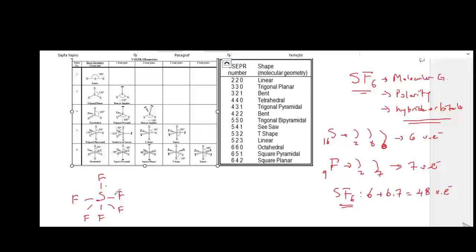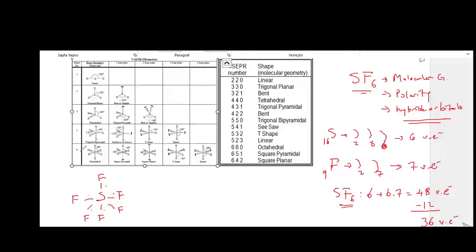That's why 2, 4, 6, 8, 10, and 12. Yes, 12. We have consumed 12 valence electrons on the single bonds. That's why let's subtract it. Then there are right now 36 valence electrons.